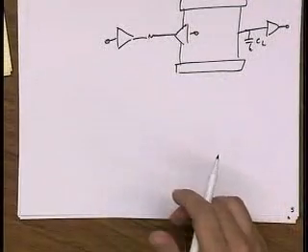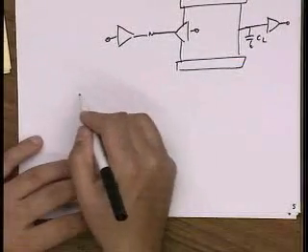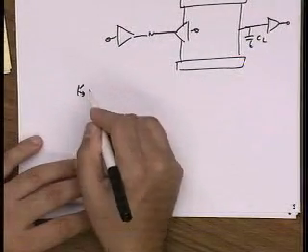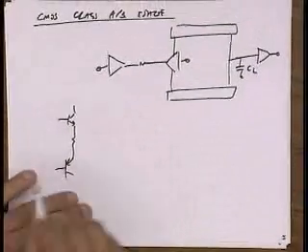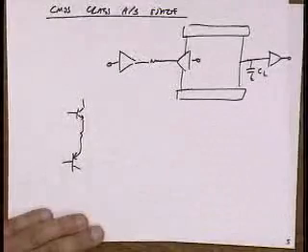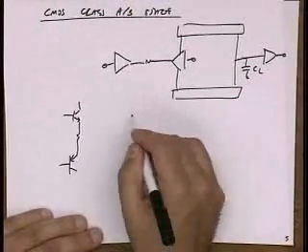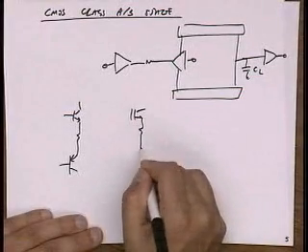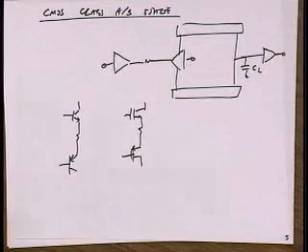The basic building blocks, the class AB building blocks that we looked at, essentially came down to a circuit like this, right? Some follower and some resistor. And I could also build this with MOSFETs and use this as a basic building block.